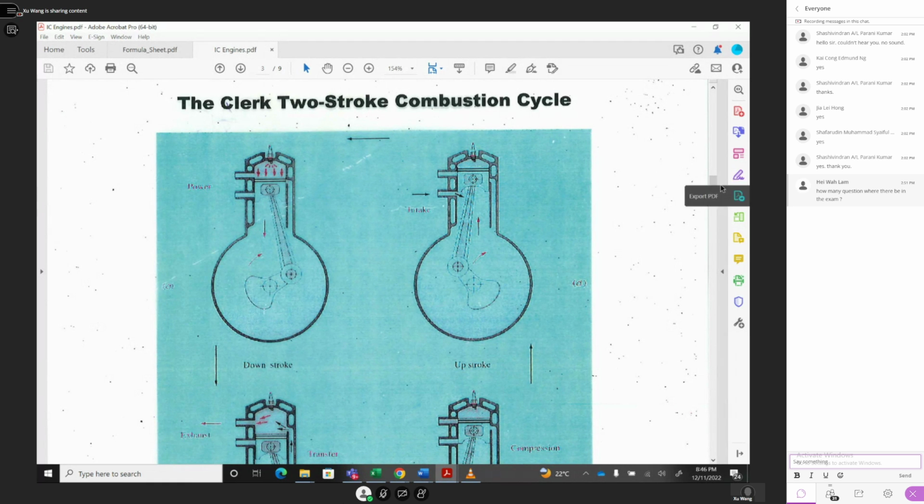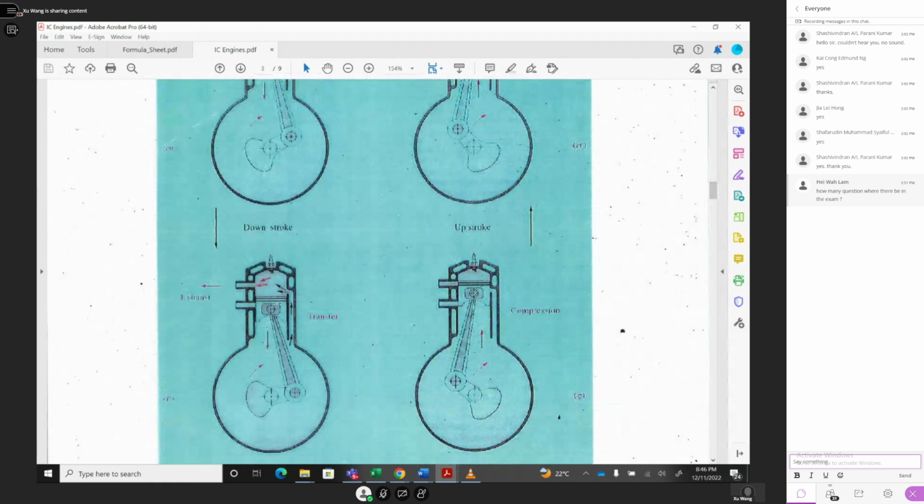Okay. After the power stroke, it moves to some position. This opens as it moves down further. At this position the port is exposed, and originally there is some air inside this cylinder. This air will be under pressure pushed down.